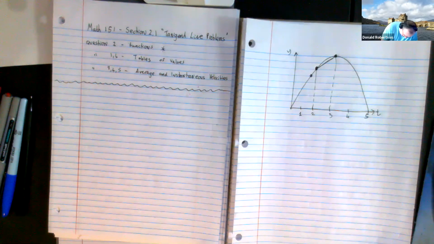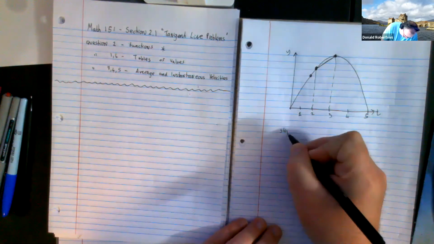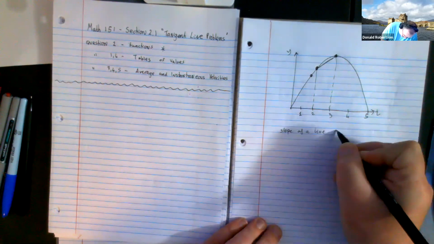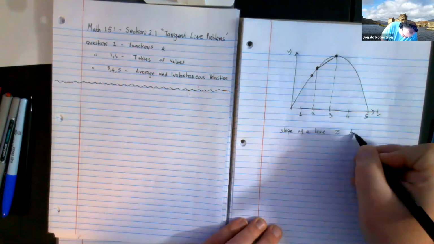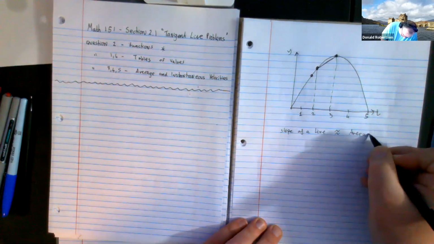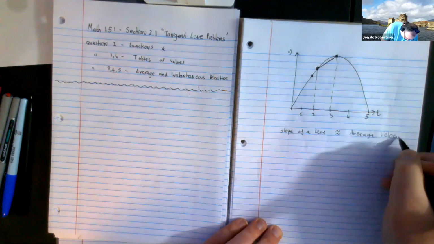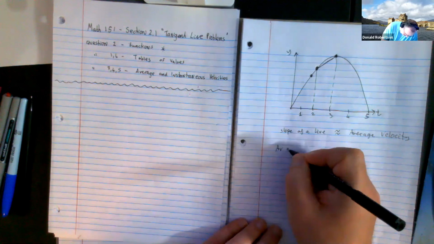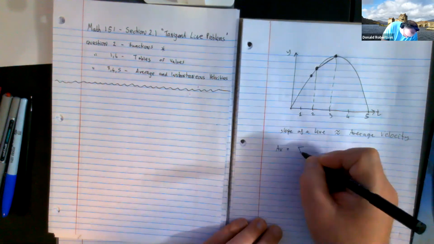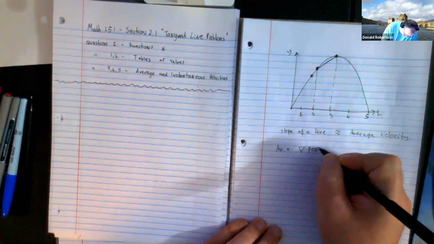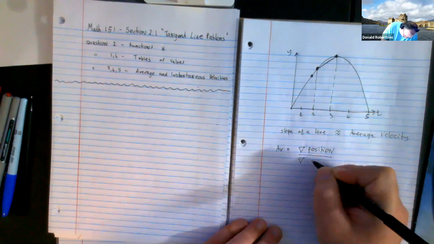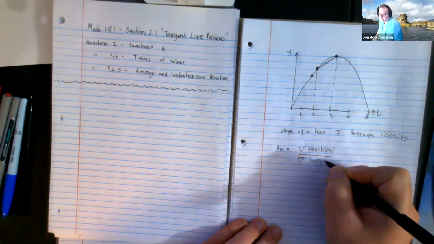So the slope of a line is the same thing in this context as the average velocity. So here's my formula. The average velocity is going to be the change in position over the change in time.